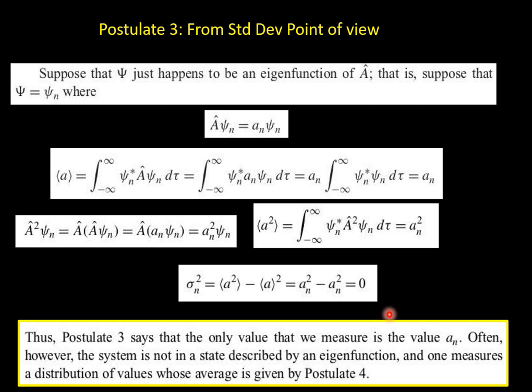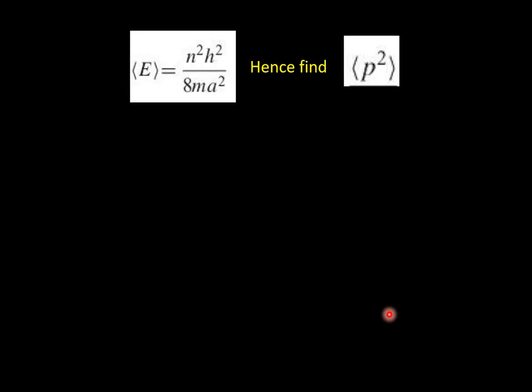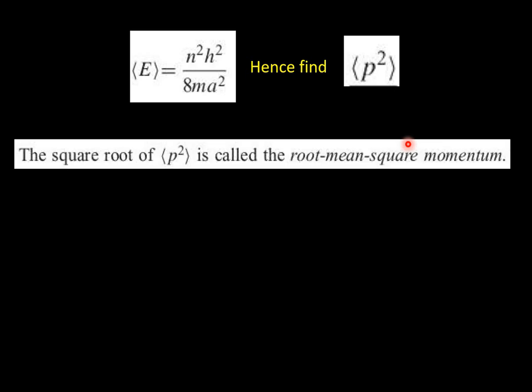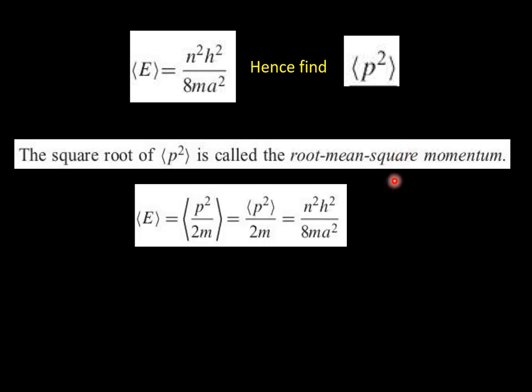So let us see a problem on averaging. Suppose a one-dimensional box problem. Average energy is given by this formula, and you have to find the p square average from this result. It's a bit tricky but simple question. How? Because you know that in the 1D box problem the potential is 0, so total energy is nothing but the kinetic energy, and that is p square by 2m.